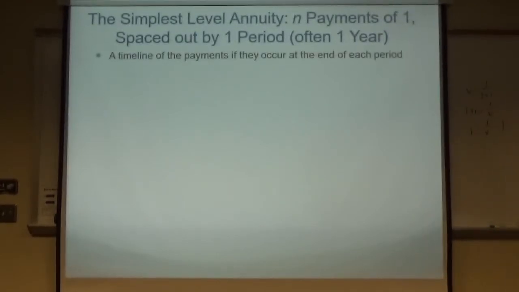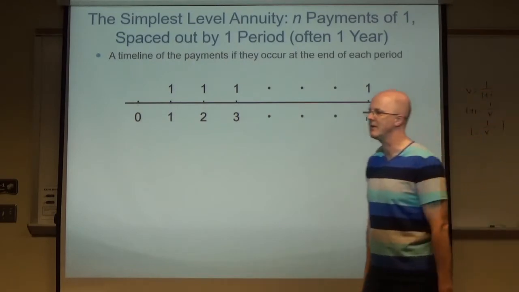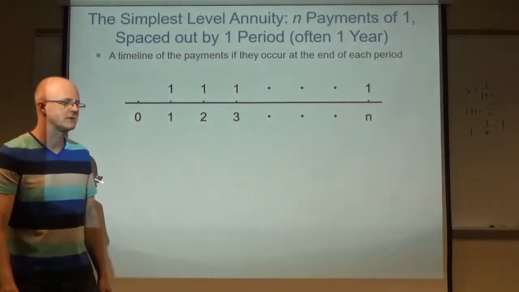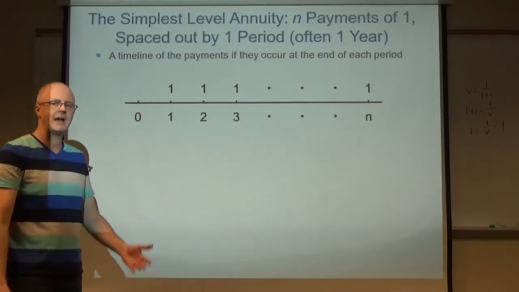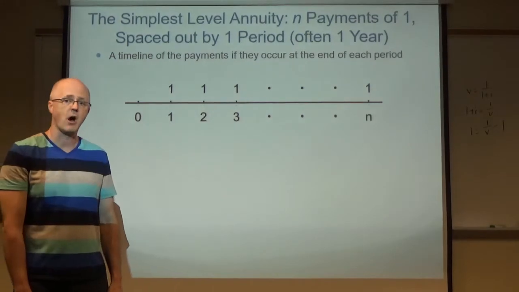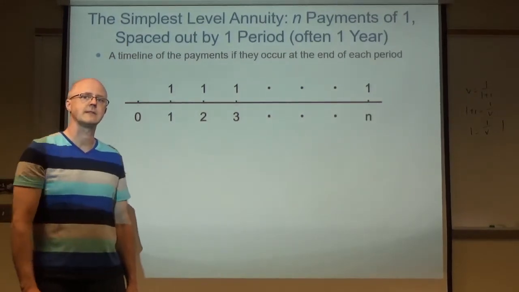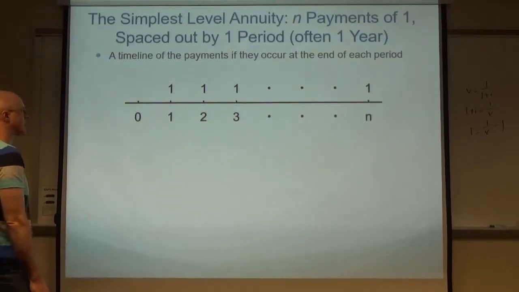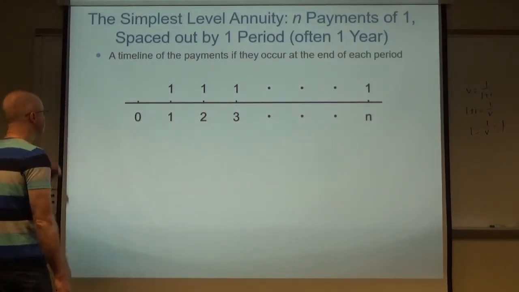You can visualize it this way on a timeline. Remember I said in lecture 1 that timelines are a really important problem-solving tool. When I solve actuarial problems related to financial math, I'm almost always drawing a timeline. And if you look at the problem-solving videos that I make, you'll see that I make lots of timelines.